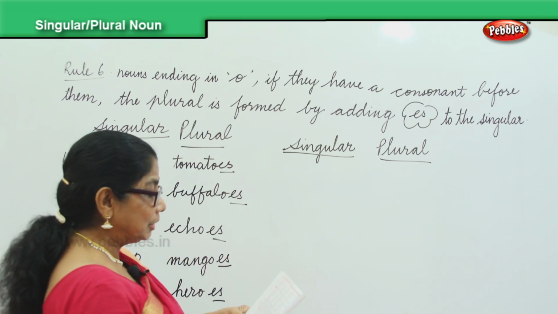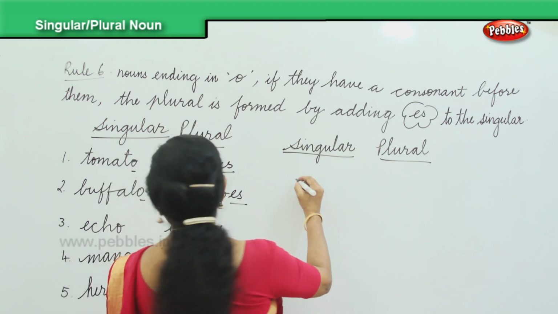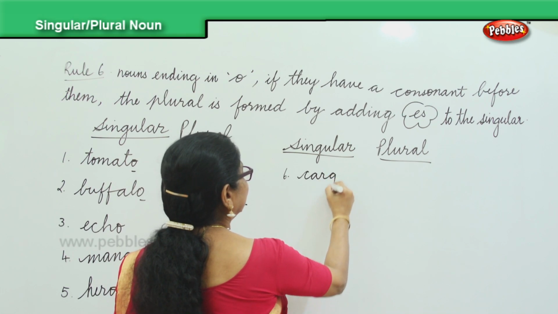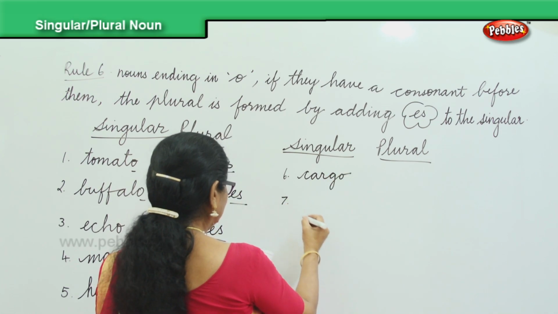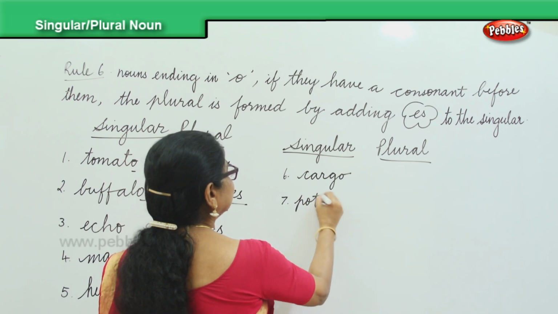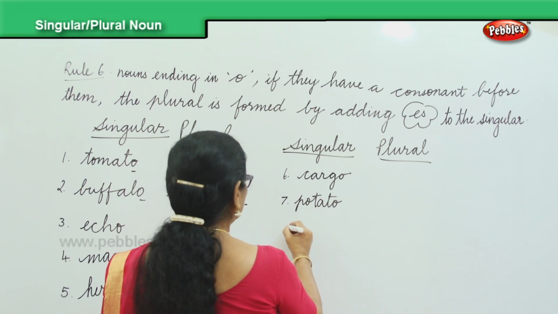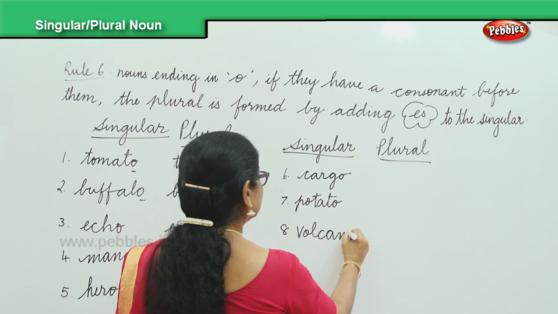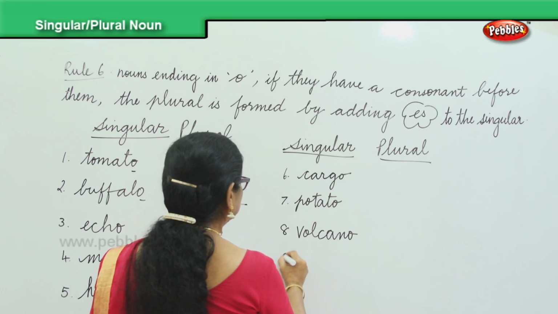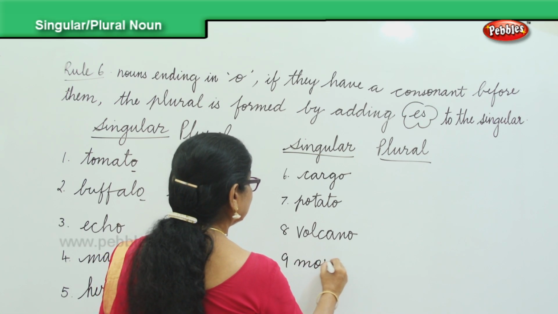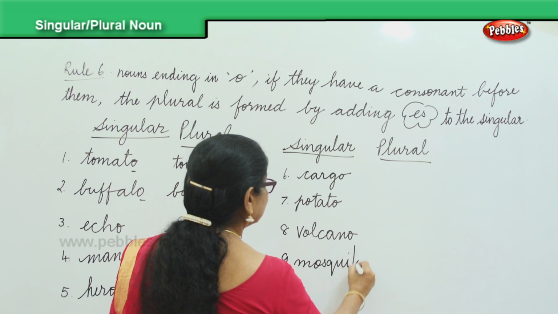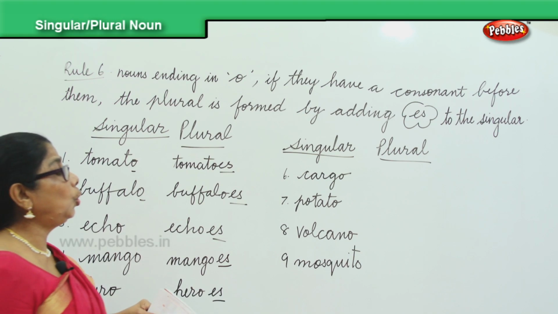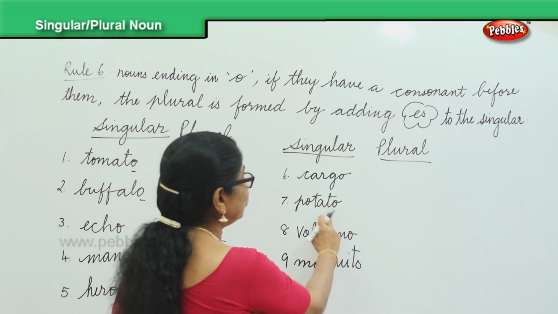And I have a few more examples for you. Cargo. Potato. Volcano. And mosquito. In all these, the endings are all O and there is a consonant before it.